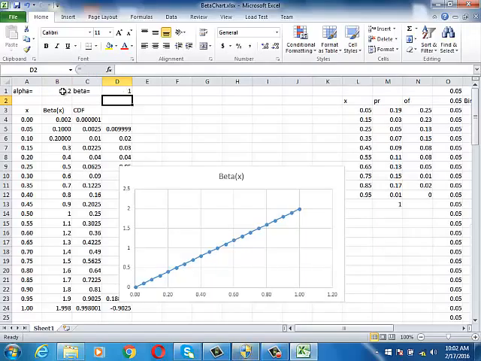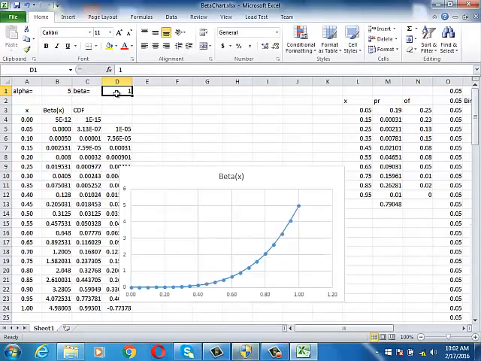If I change this here to 5 and 1, it's just theta to the 4th power.